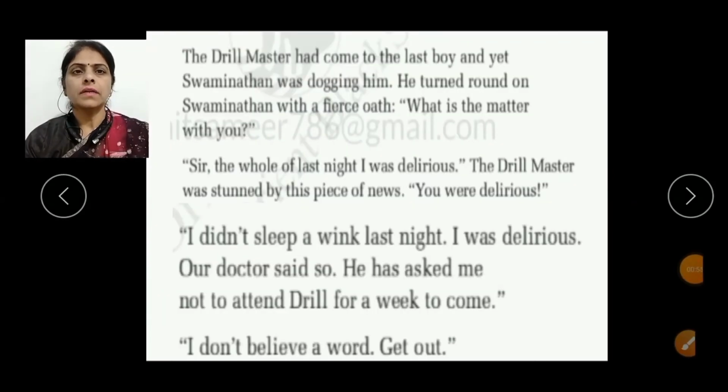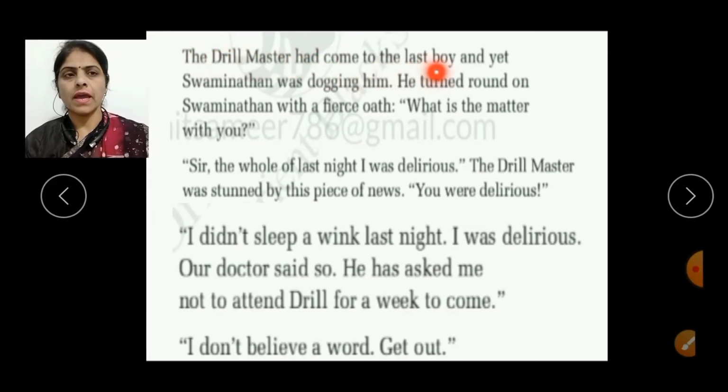Here, the drill master had come to the last boy and yet Swaminathan was dogging him. He turned round on Swaminathan with a fierce oath. What is the matter with you? Sir, the whole of the last night I was delirious. The drill master was stunned by this piece of news.